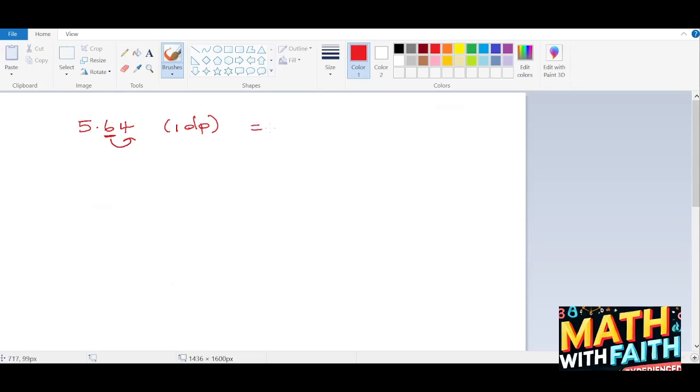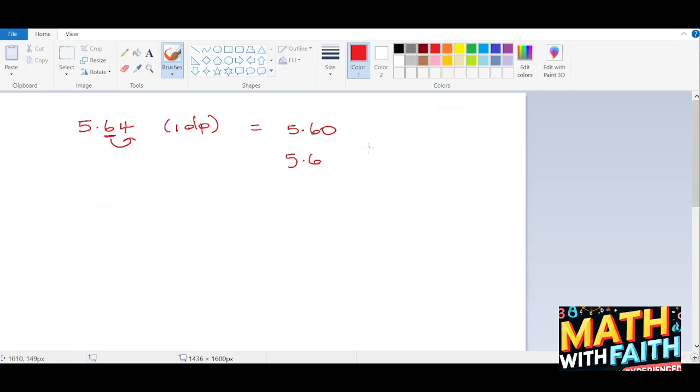So the answer is 5.6. You would notice that I did not fill in the 4 with zeros. That's because after the decimal point, if I put a 0 here, that does not change this number from being 5.6.